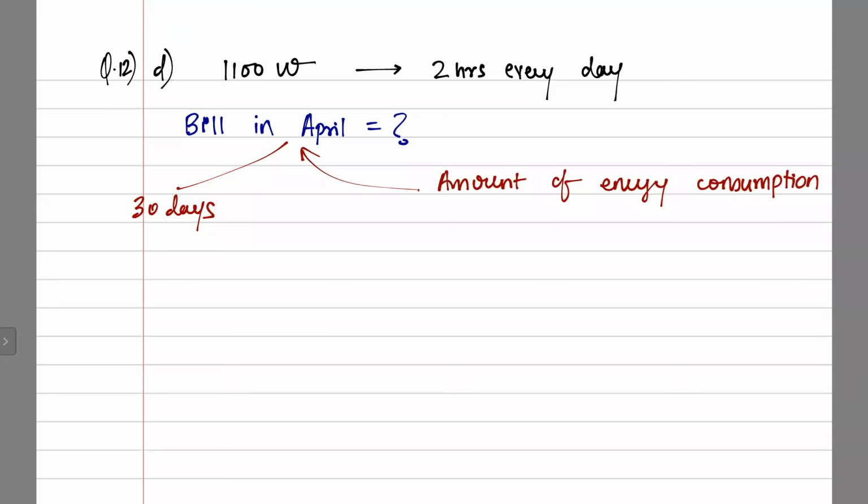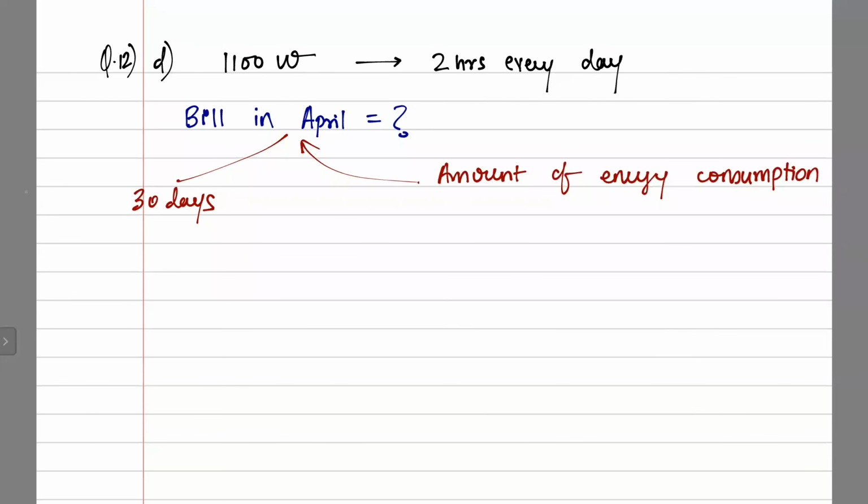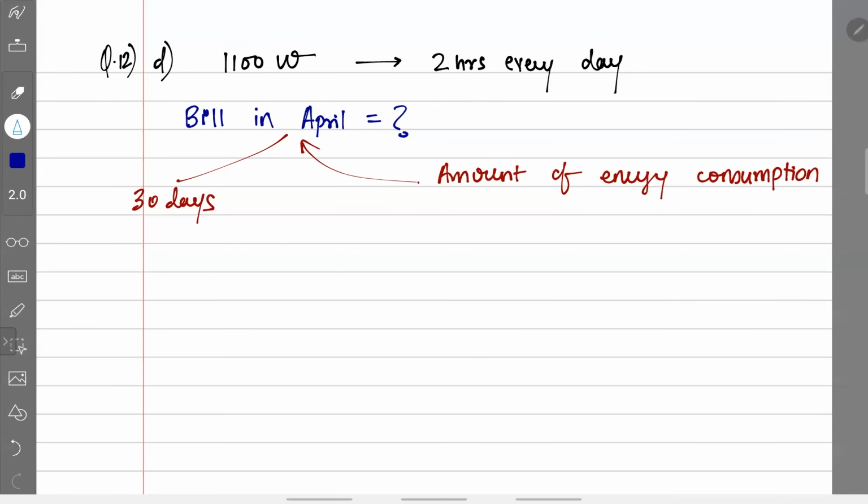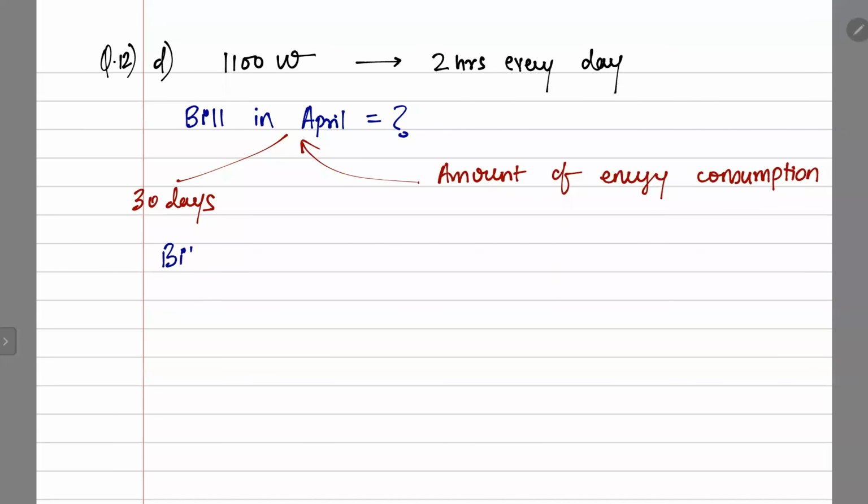यानी आपका महीने का बिल कितना आया? बताओ, मंथली बिल कितना आया? दूध का बिल कितना है मंथली का? 1200 रुपए. कैसे कैलकुलेट किया? आपने बोला पूरे महीने में कितना दूध कंज्यूम हुआ. सो हम यहाँ पर अब कैलकुलेट करेंगे कि पूरे महीने में. माय पर्पस इज, सी, बिल इन अप्रैल is equal to amount of energy consumed.